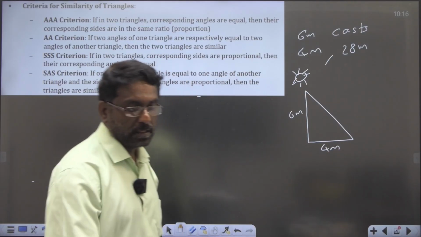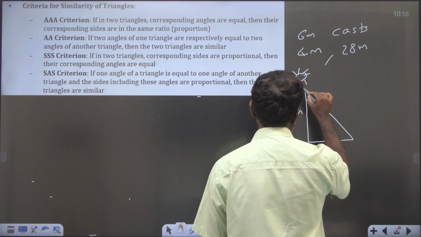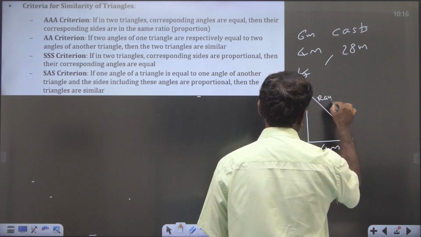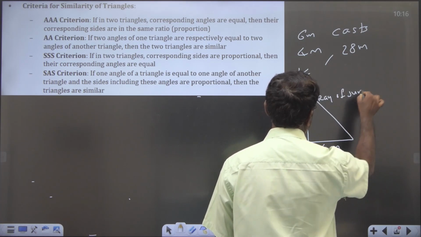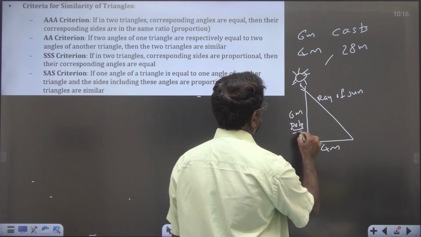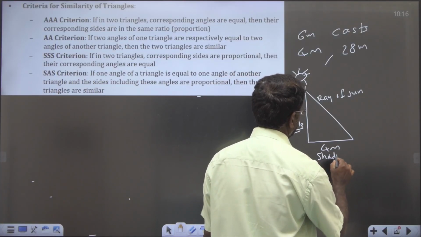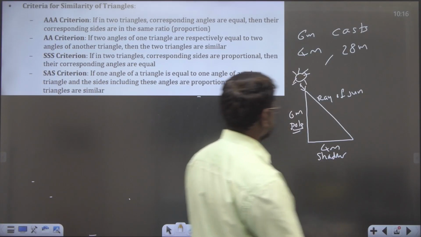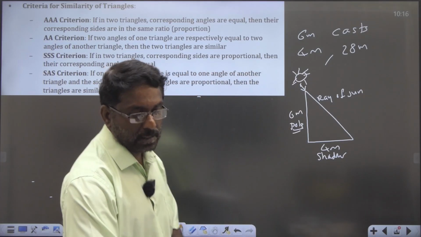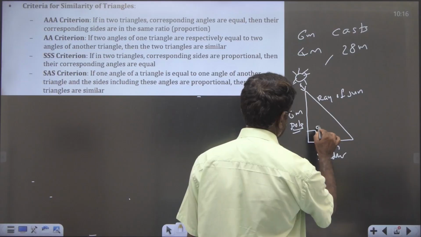This is the vertical pole, this is the ray of sun. This will always be 90 degree.